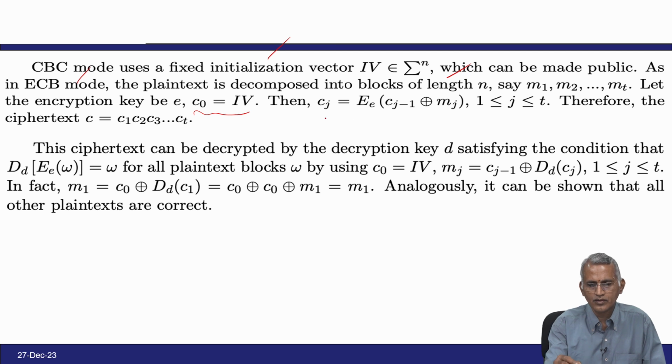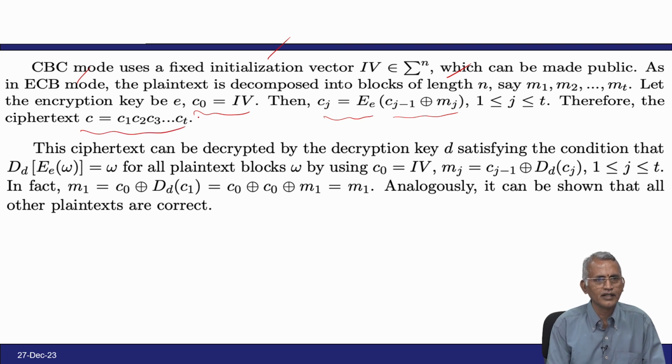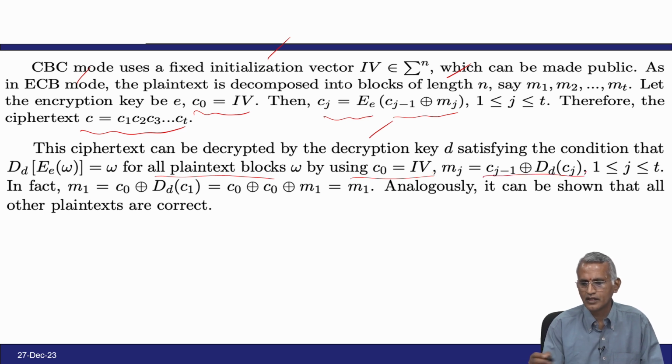Then Cj is equal to E(C_{j-1} XOR m_j), where j varies from 1 to t. Therefore, the ciphertext is C equal to C1, C2 and so on up to Ct. This ciphertext can be decrypted by the decryption key D, satisfying the condition that D(E(w)) is equal to w for all plaintext blocks w, using C0 equal to IV and m_j equal to C_{j-1} XOR D(Cj), where j varies from 1 to t.